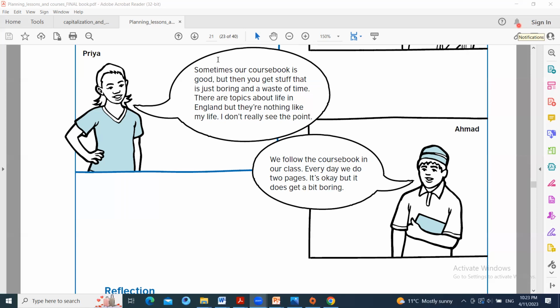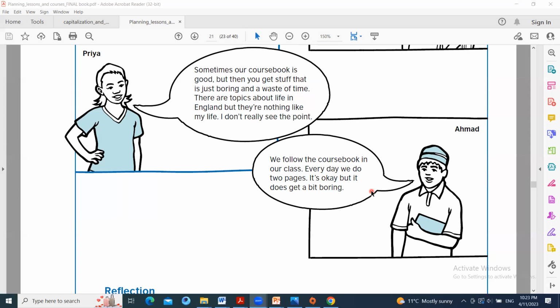Ahmed says we follow the course book in our class. Every day we do 2 pages. It's okay, but it does get a bit boring. Okay, this happens also.